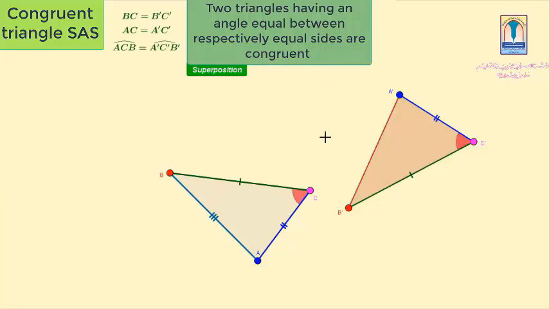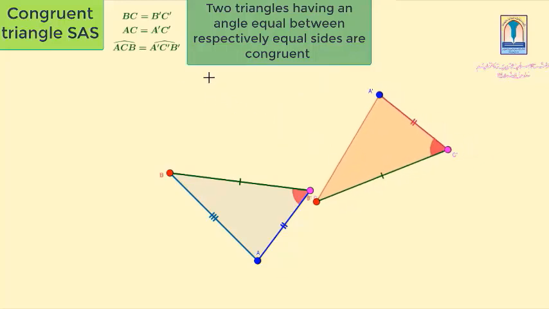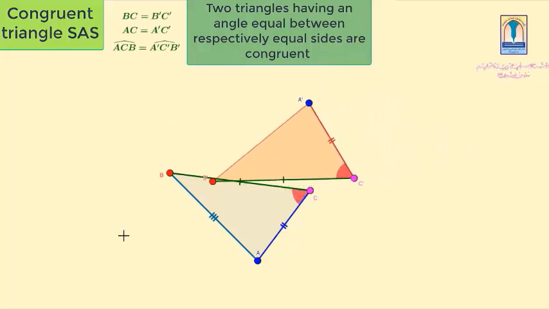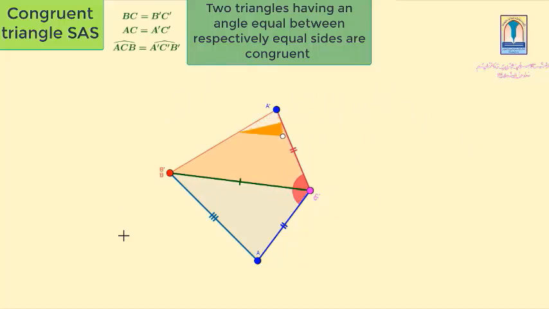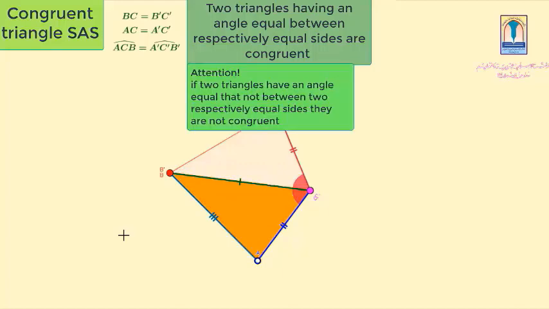Then, these two triangles have an angle equal between respectively equal sides, then they are congruent. Let's now check if they are identical in shape and size. Yes, they are identical. Then we could say that they are congruent. Again, pay attention. If two triangles have an angle equal that is not included between two respectively equal sides, they are not congruent.